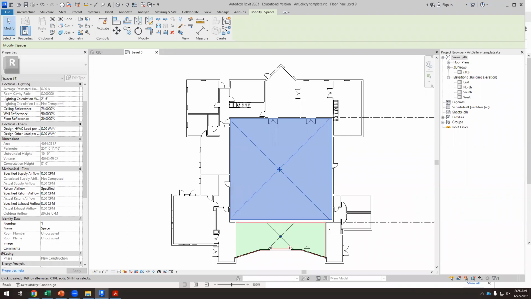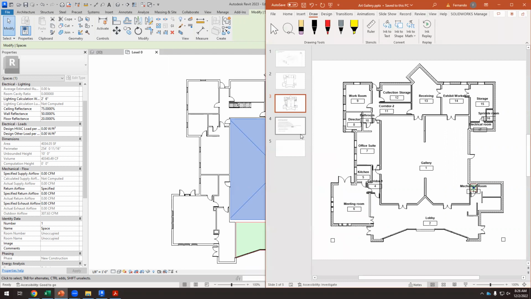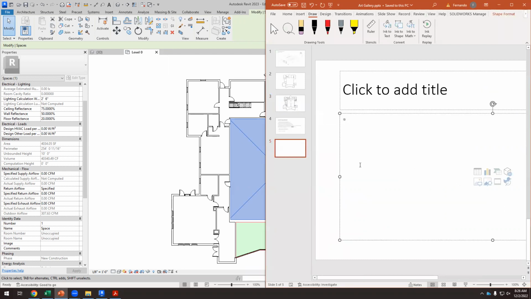So let me do the math. If we have 20 square feet per person, and we have 4,000 square feet, how many people? 200.